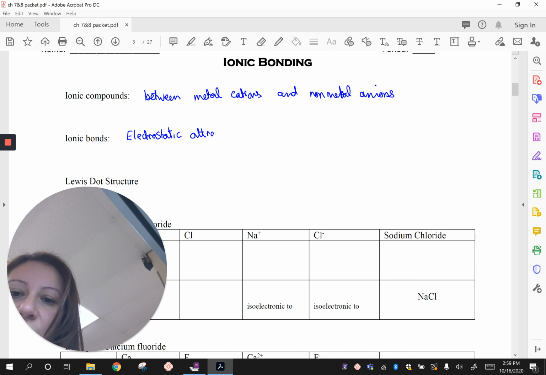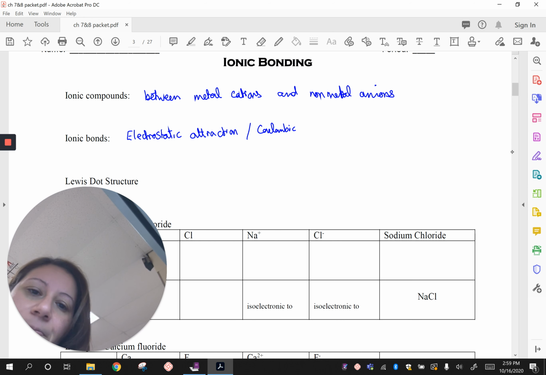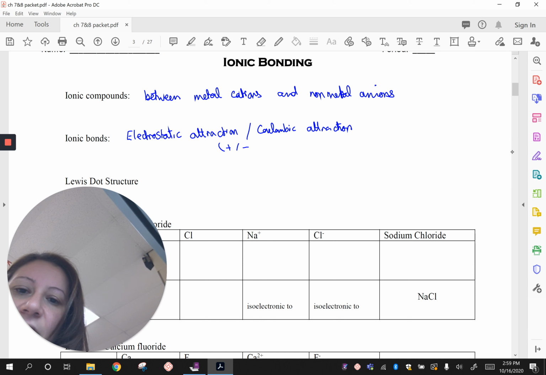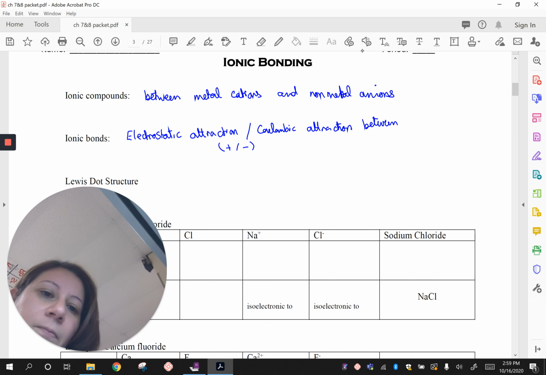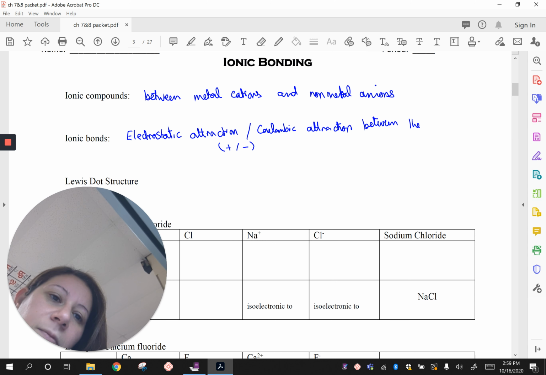In chemistry, force means attraction, or Coulombic attraction, whichever you prefer. And all that means is positive-negative attraction between positive and negative ions.